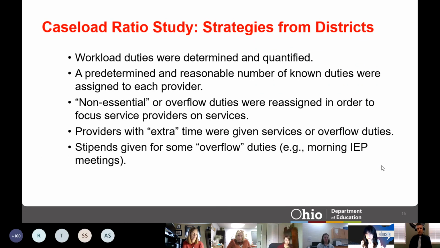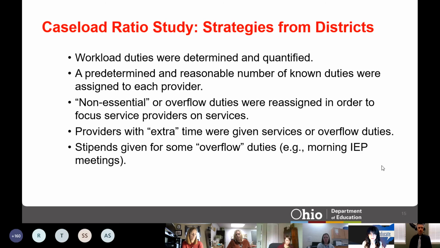Another strategy that came out of it was that anything considered non-essential or overflow was either reassigned to another qualified individual, or someone was given a stipend for those types of overflow duties. So IEP participation, meetings before or after school, or participating on an MTSS team would be considered an overflow duty, and therefore you would be given some sort of stipend for that.